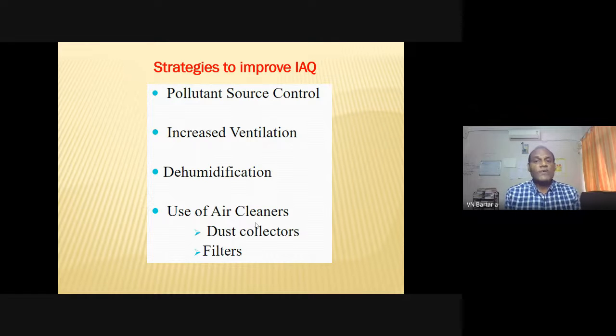Then increased ventilation is a very important aspect. This may also improve the indoor air quality. In many houses, we can see that there is no ventilation. They are very much closed in nature.